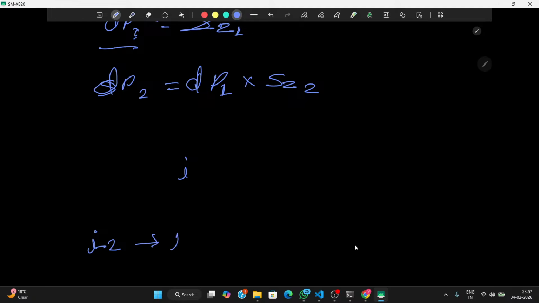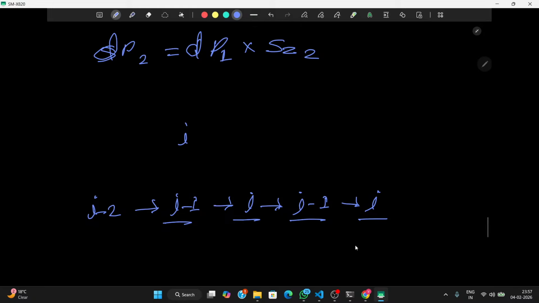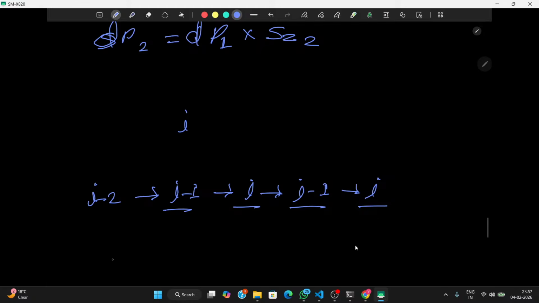And then we can head to I minus 1, then I, then again I minus 1, then again I. In this case, we cannot go to the subtree of I minus 1 or I, as we are already using its two occurrences here in this path, right? So this will be simply dp I minus 2, the number of ways in which I came to I minus 2, that I will add to my dpi.